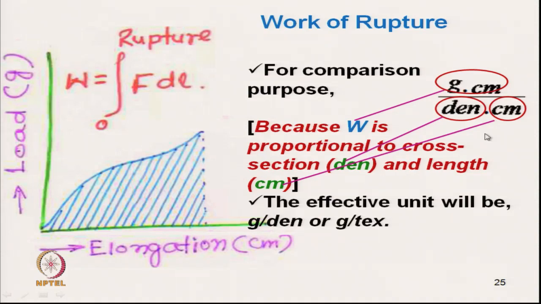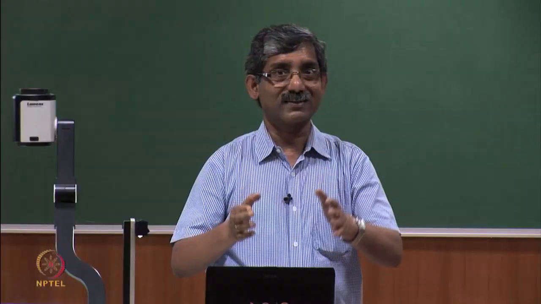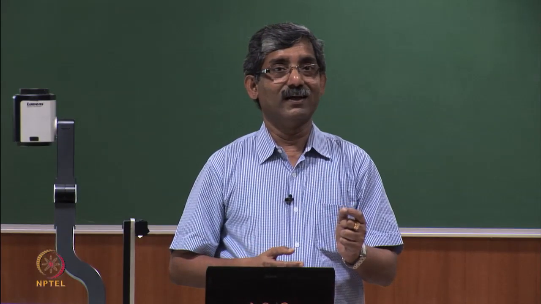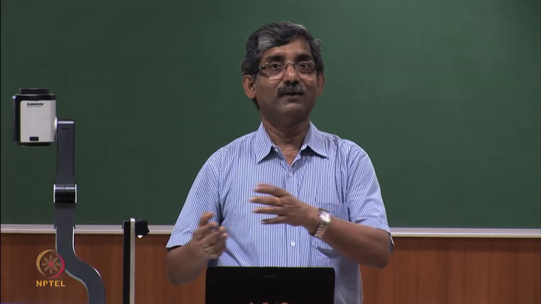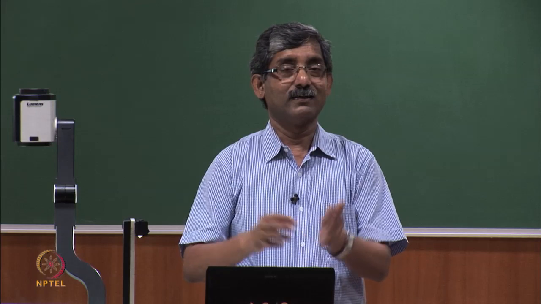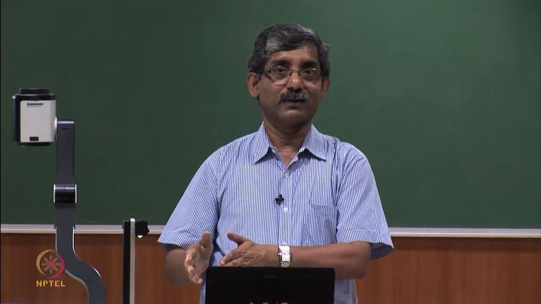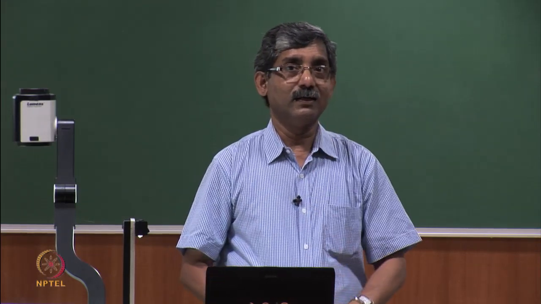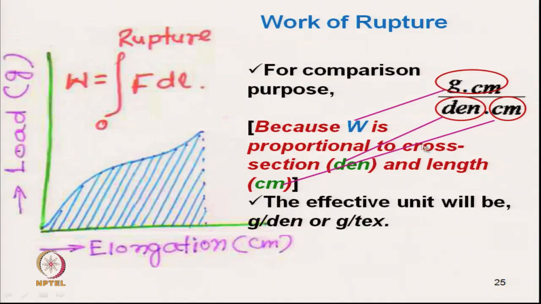That is why for comparison, we divide by the denier and the length, like we have seen earlier, where the stress is divided by the linear density, the gram force is divided by the tex, just for comparison purposes. Here again, we divide the work of rupture by denier and length so that we can compare.